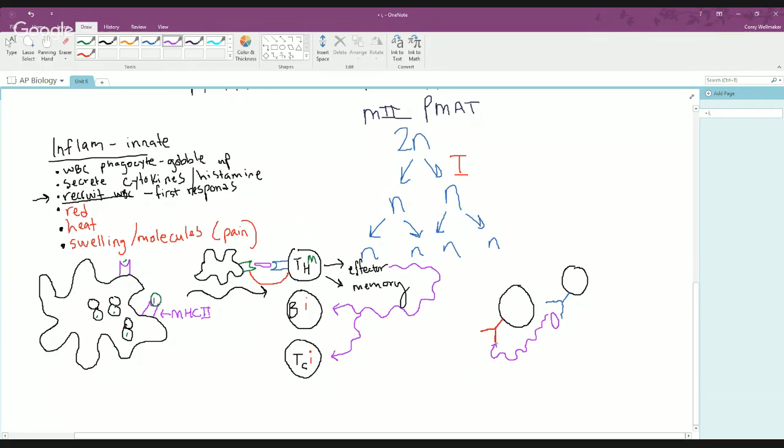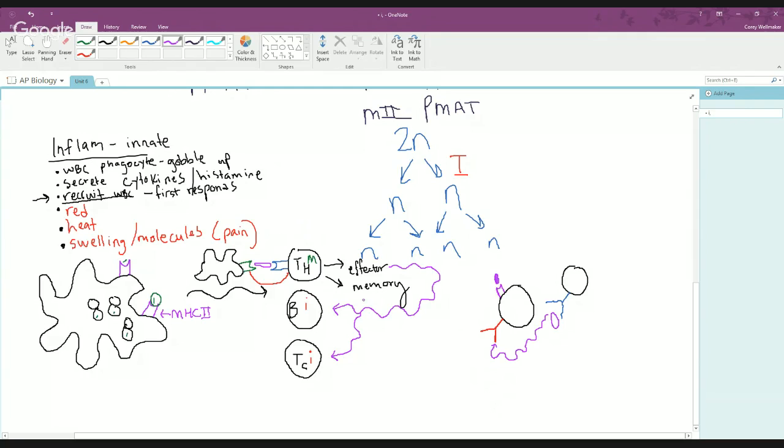And so the B cell is going to, not through phagocytosis, but through receptor-mediated endocytosis, take that antigen in, and just like over here, it's going to display that antigen on its MHC2. Okay?